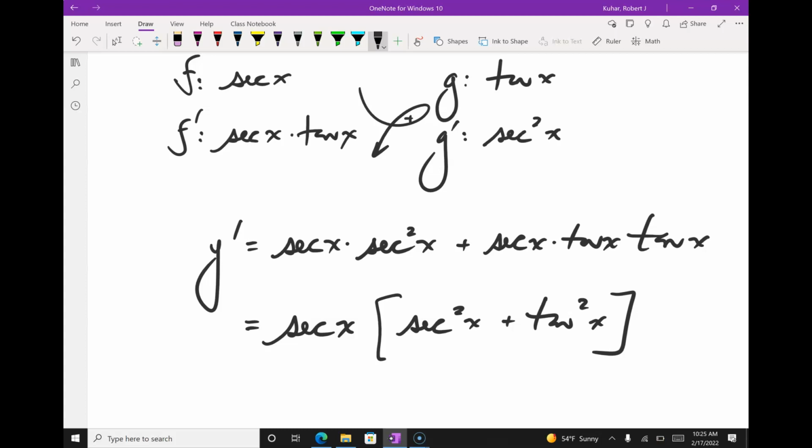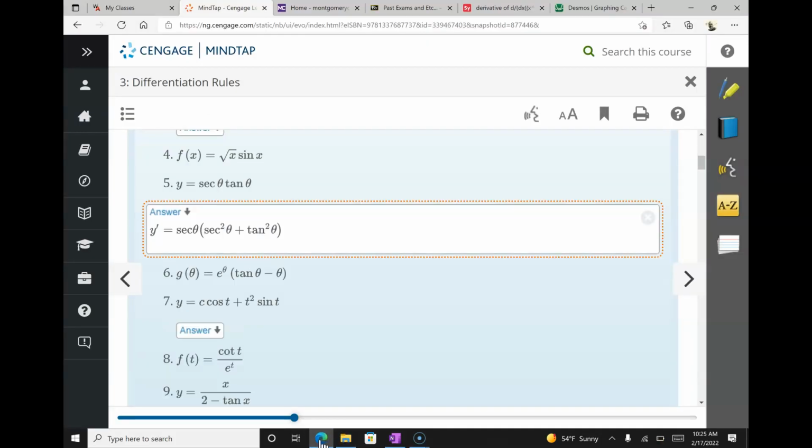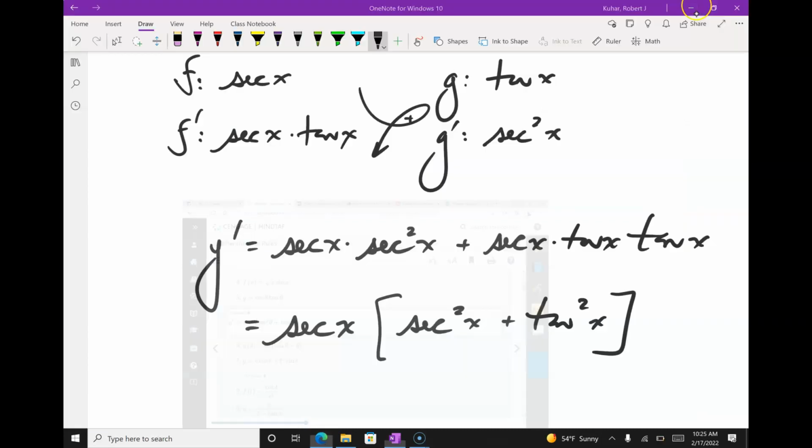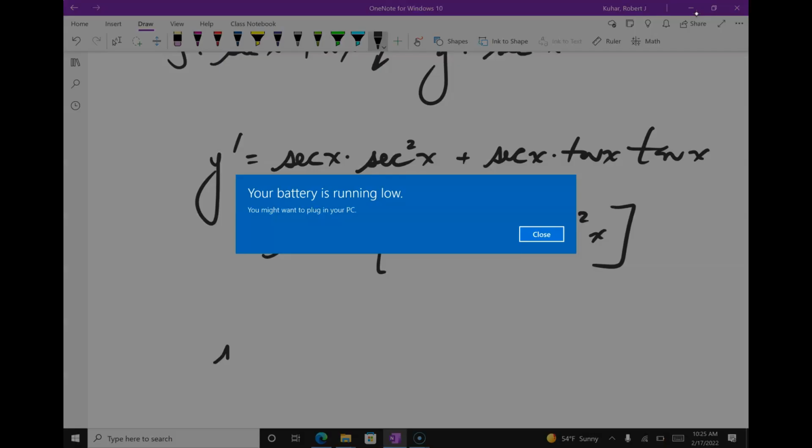I'm gonna cheat on these a little bit. I don't know if I can do a trig identity here, so I'm gonna look at the answer. That's what they have. I obviously can't do that on a test, but I can play around with identities. What are some of the trig identities we have memorized?